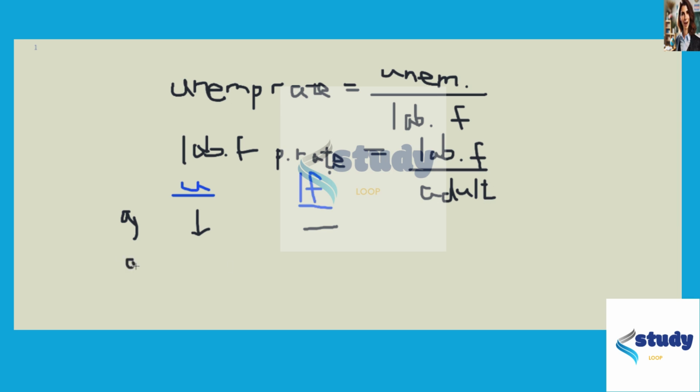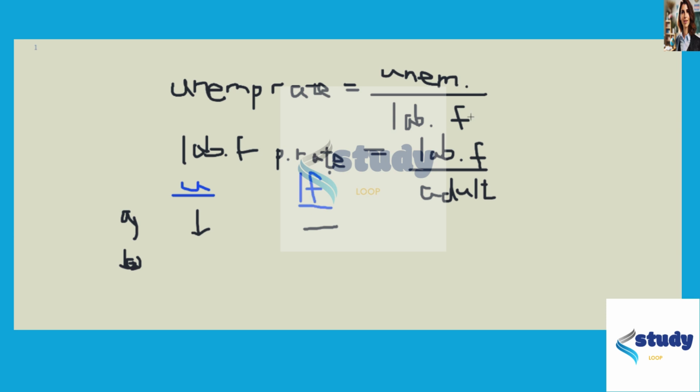Okay, question B is saying that Tyrion, a full-time college student, graduates and is immediately employed. So he used to be a student, so he's not part of the unemployed, but he joins the labor force.